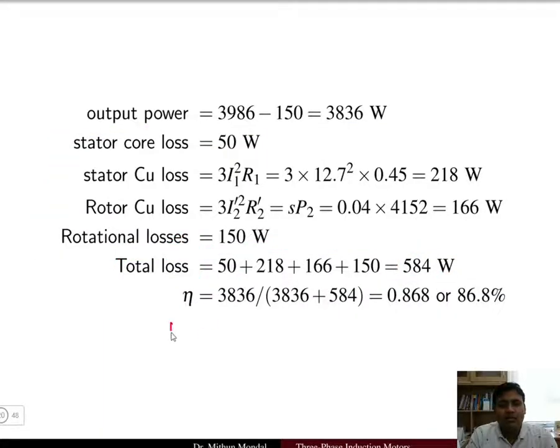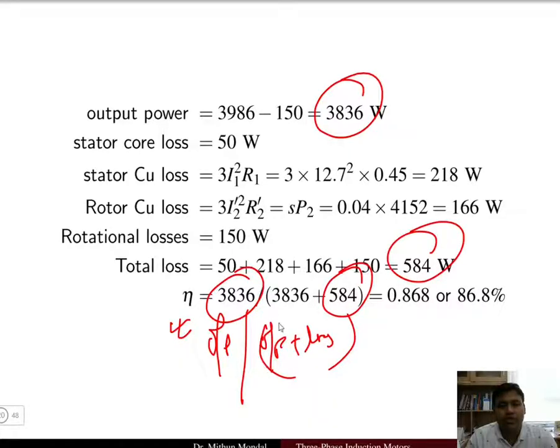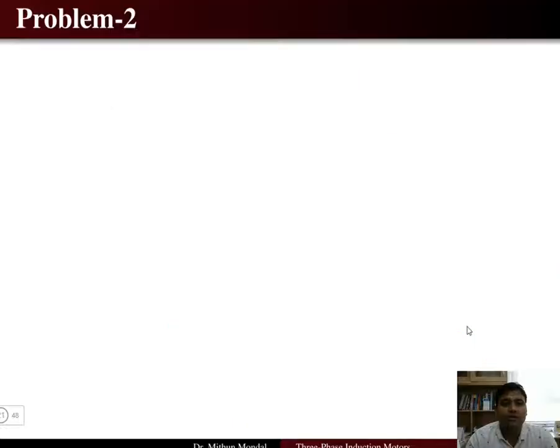This means the efficiency is the output power, that is 3836, divided by output power plus the total losses. So we substitute 584 for losses and 3836 for the output power. This gives you an efficiency of 86.8% for the induction motor.